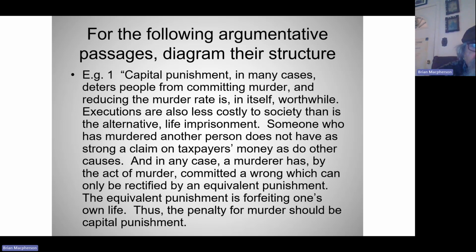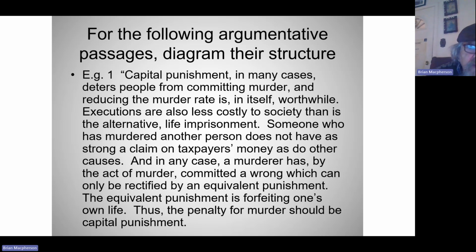And so the overall conclusion, now this is important. I don't know if any of you are taking the LSAT, but they have a reading comprehension section. And in the reading comprehension section, they'll give you a complex passage and they will ask you to identify the conclusion, right? So in this case, the main conclusion of this huge passage is that the penalty for murder should be capital punishment. And they're giving you 3 separate sets of considerations, right? One consideration is that it deters.